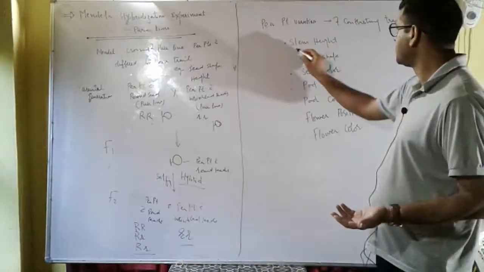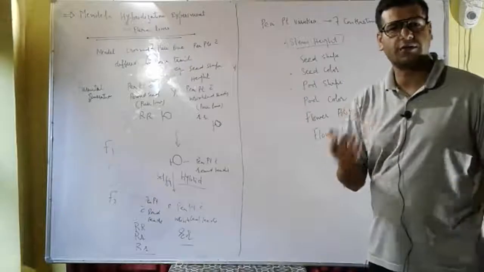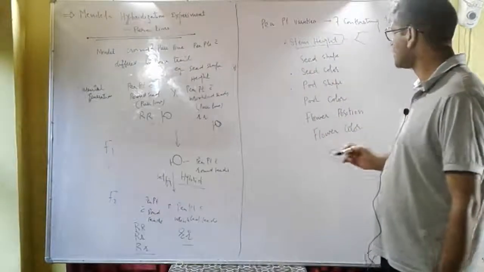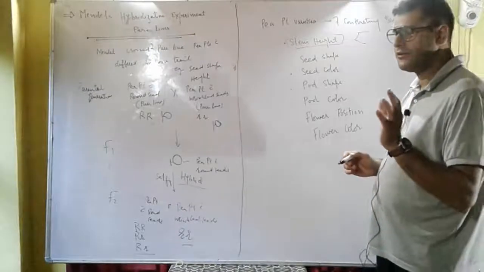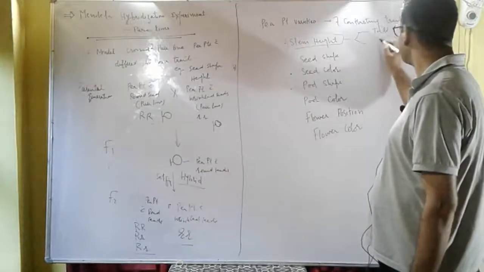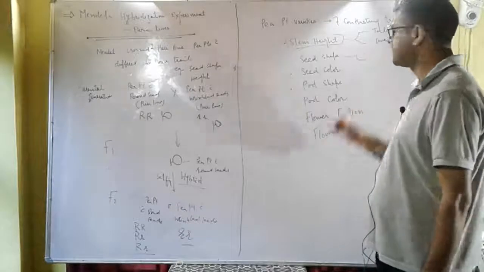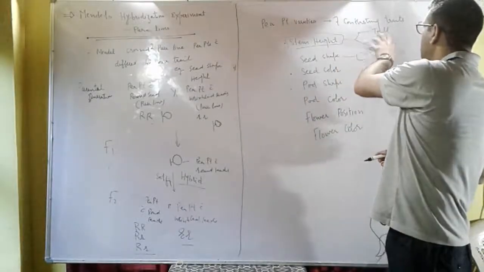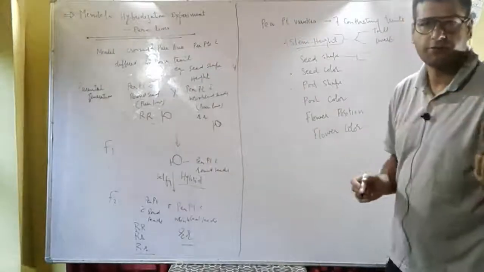And we know that stem height has two contrasting forms. That means some pea plant varieties were tall and some were dwarf. He crossed the pea plants which are tall with the pea plants which are dwarf.